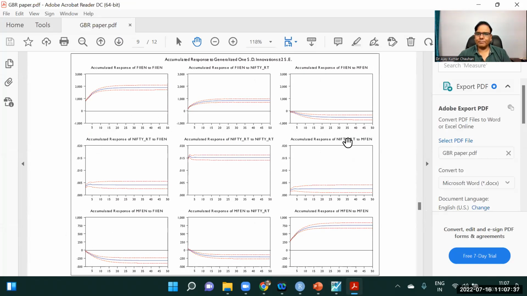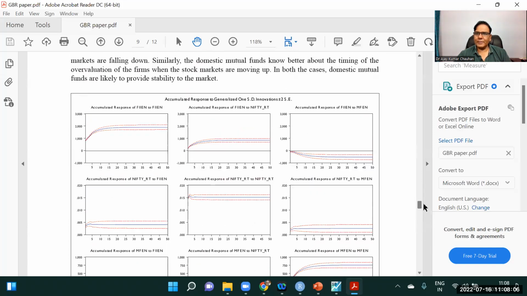Because frankly speaking, the accumulated graphs are much better as compared to simple graphs. So we prefer to use the accumulated impulse response function, looking better and giving more information, and that's why we go for accumulated responses like this.